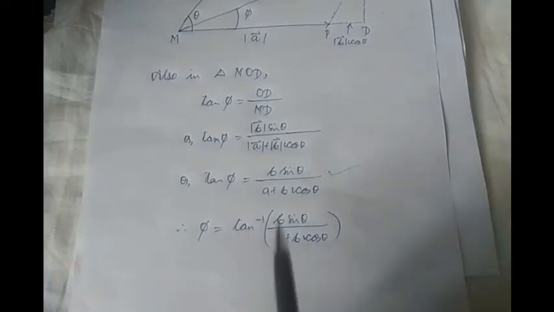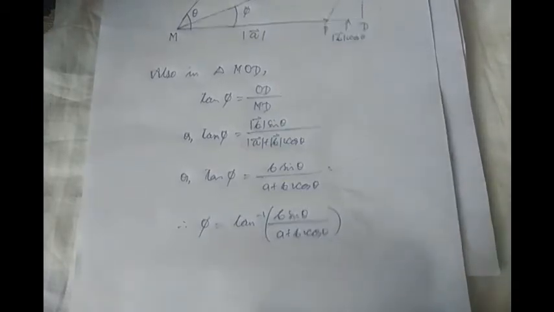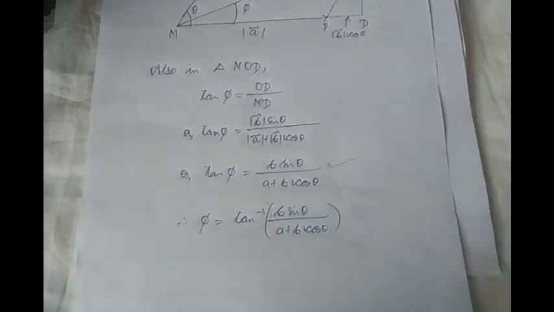Now I know you are not familiar with something called tan inverse. You are familiar with tan theta, sine theta, cos theta, but not with tan inverse, sine inverse, cos inverse. This is called inverse transformation, which you'll maybe study in class 11 itself.